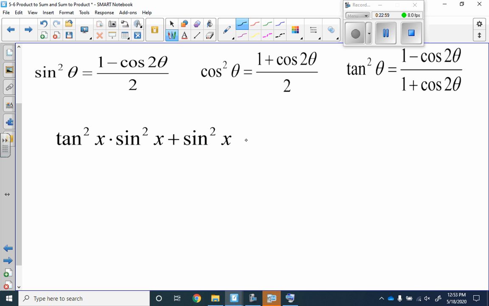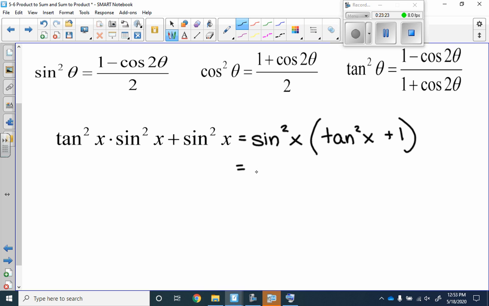So I see that they're both adding. Well, what if I were to factor out a sine squared x? And that would leave me with tangent squared x plus 1. Okay? So I'm going to do that here to make this a little bit easier on myself.